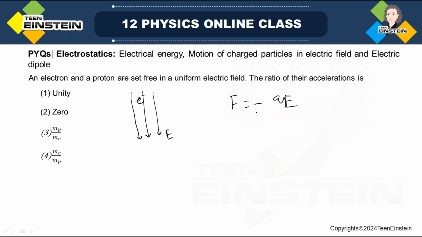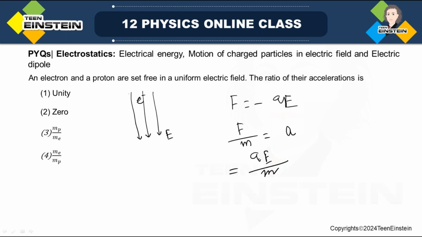That means this negative force means the electric field is actually supplying retardation to the electron. So what is the value of that retardation? That will be F by m. This will give you the acceleration. So here F is my QE, this is m. So QE by m.